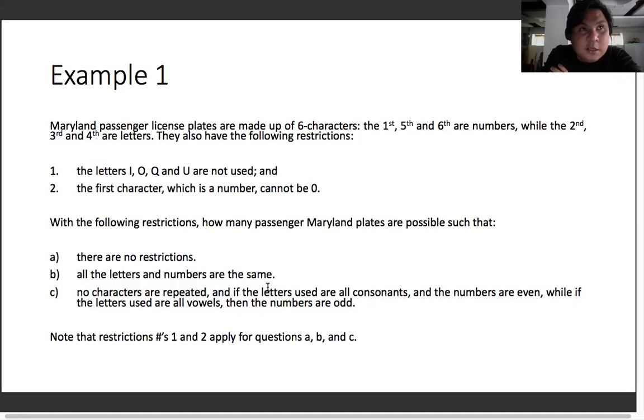Now, since consonants and vowels are different letters, definitely if it's a consonant, it cannot be a vowel, so these two events are exclusive. So what we're going to do to solve C is to figure out two cases and then add the total number of ways that consonant and even plates have plus the number of odd and vowel plates. Once we add them, we actually answer letter C.